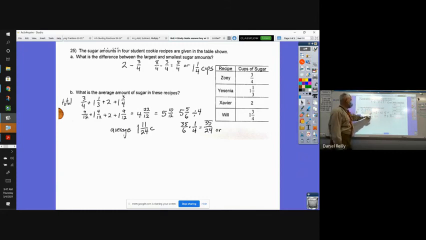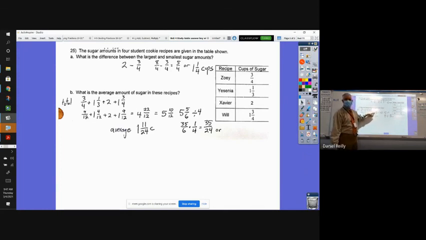Now you can add all the whole number parts, right? And then you have the fraction parts left to add together. So you convert all the fractions to a common denominator of 12, 9/12, 4/12, and 9/12. Then you add all these together, you get 22/12. So 1 plus 2 plus 1 is 4. And 9/12 plus 4/12 plus 9/12 is 22/12.